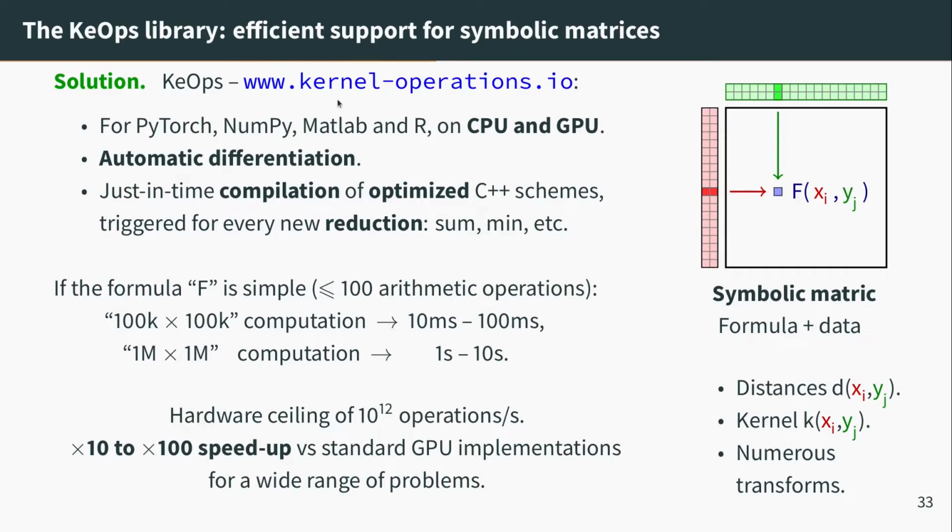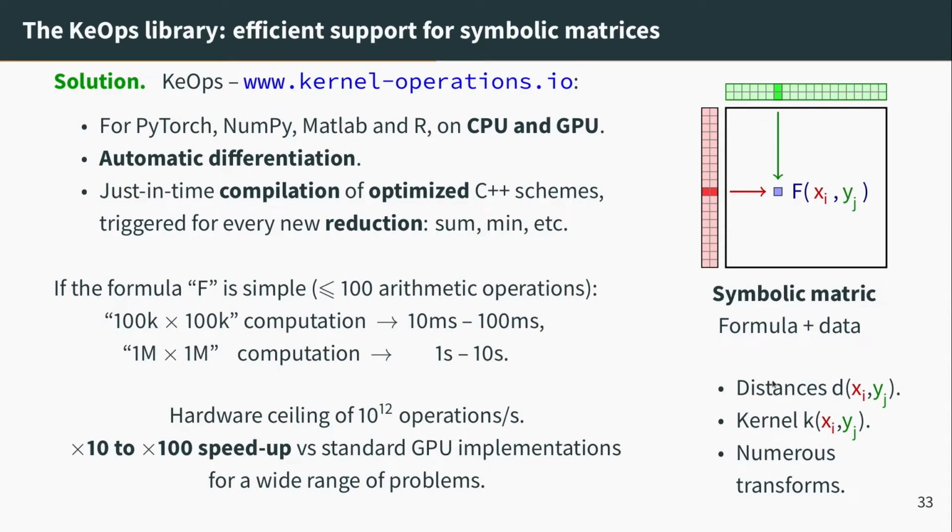And by symbolic matrices, I mean all the arrays that you may understand symbolically as large matrices, but that really come from a relatively small formula that you evaluate on data arrays. So for instance, a squared Euclidean, a matrix of distances.